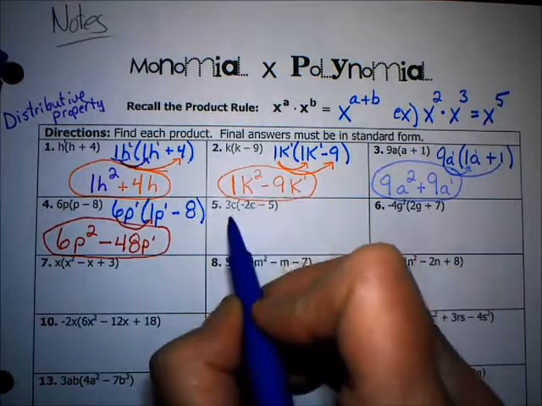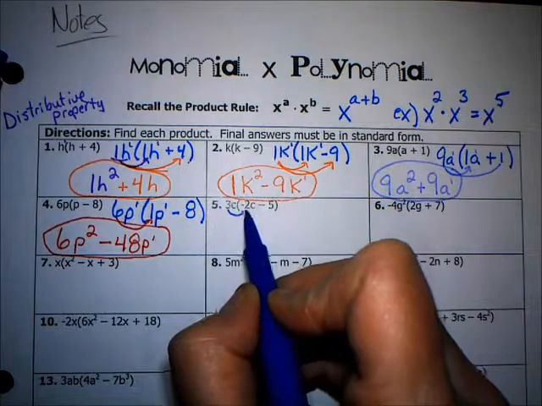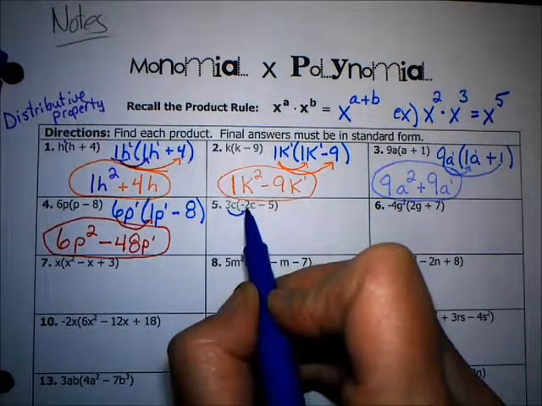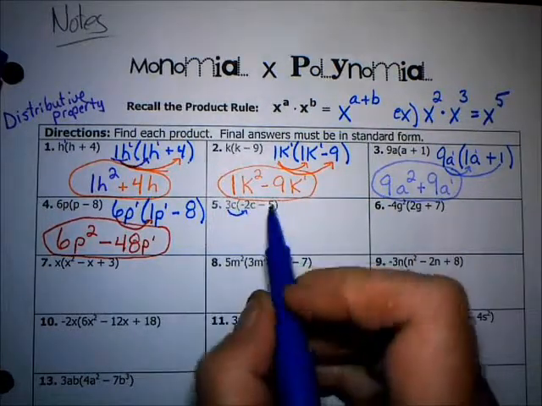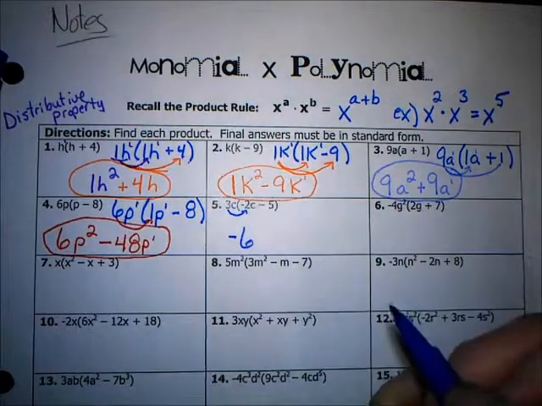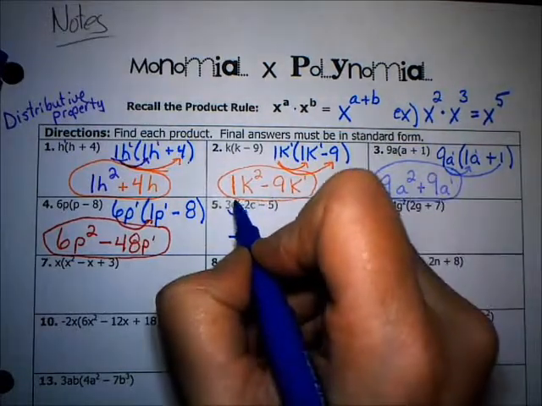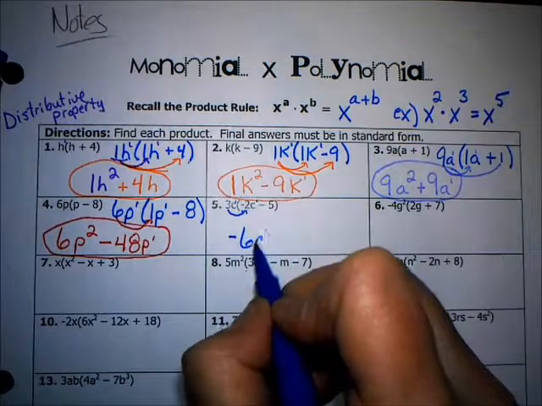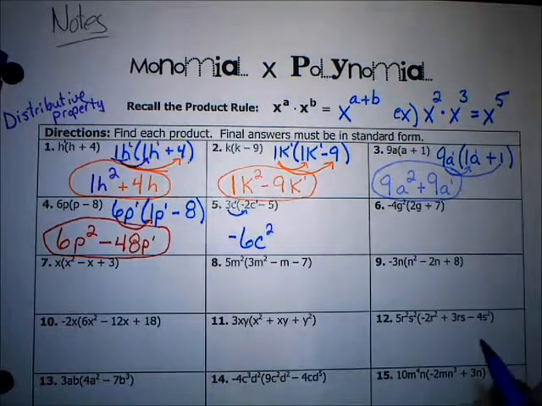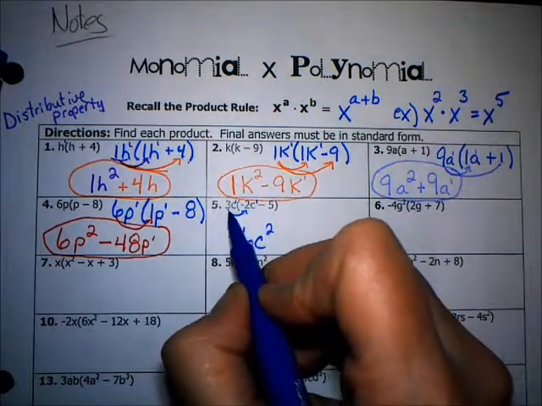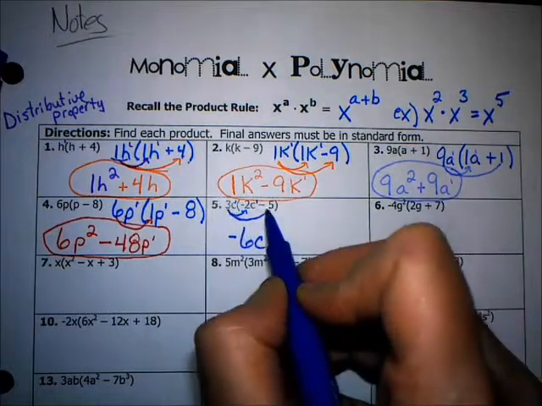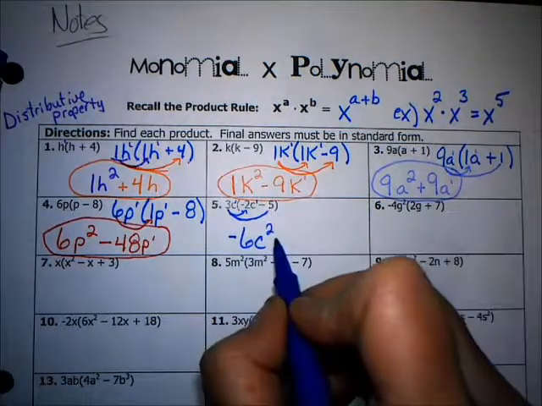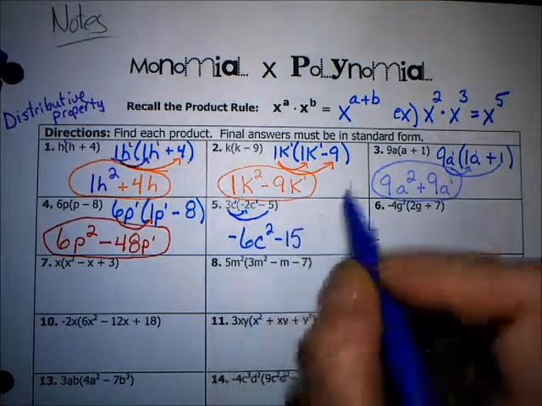This is C1, and C1 is now C2. And then I need to multiply 3 times a negative 5, which is a negative 15. And here's a C1 with nothing, so I bring it over and circle it. There's my answer.